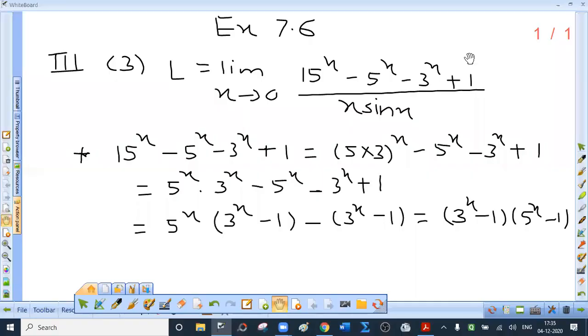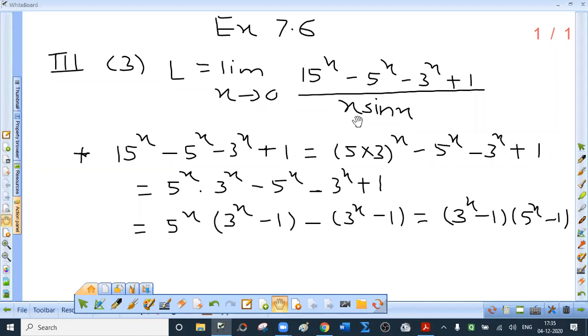Exercise 7.6, third sum. Let L be the limit x tends to 0, (15 raised to x minus 5 raised to x minus 3 raised to x plus 1) upon x sin x. Now you may ask me, sir, can we rearrange the terms in the numerator, minus 1 plus 1? No. The reason is simple. Observe the denominator.